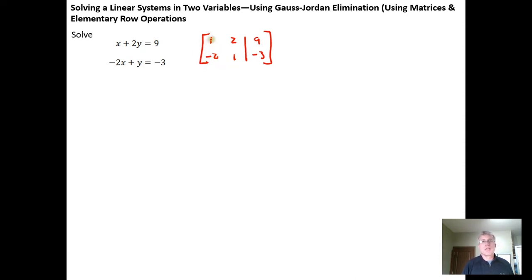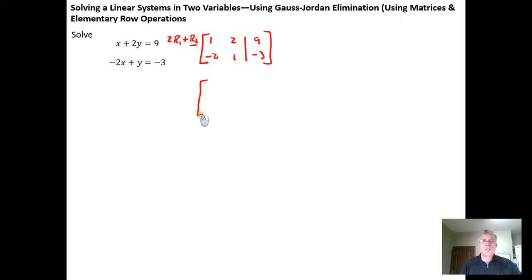And so I look at this and I say, hey, if I took 2 times row 1 and added it to row 2 and replaced row 2 with the result, I would have a 0 in this position, because I would have 2 times 1 is 2, 2 plus negative 2 is 0. So in a sense, we're using the elimination method. We just aren't having to keep track of the variables. So 2 times row 1 plus row 2, replace row 2 with the result.